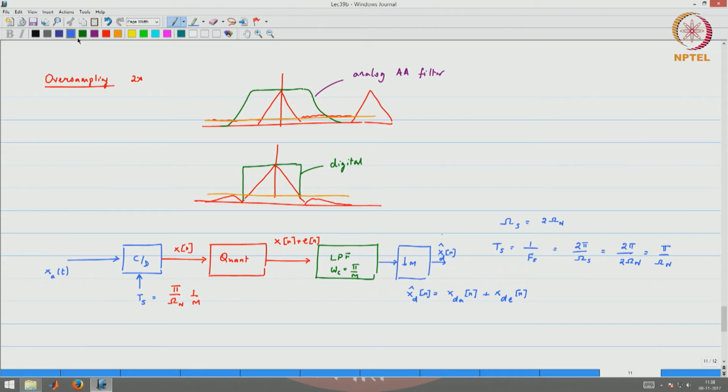So, one is the signal component, and this is the quantization error component. Okay. So, just some notation so that we can do, yeah, there was a question.